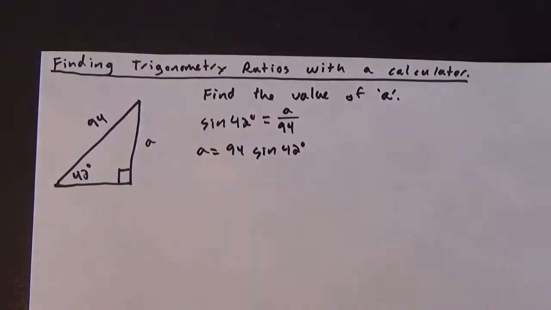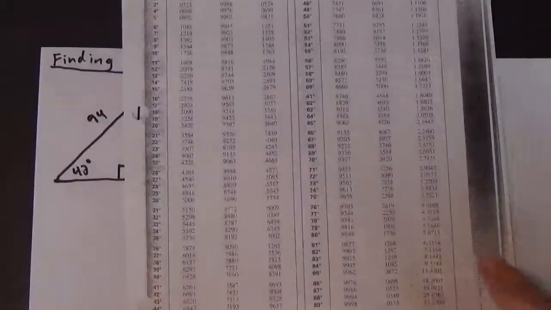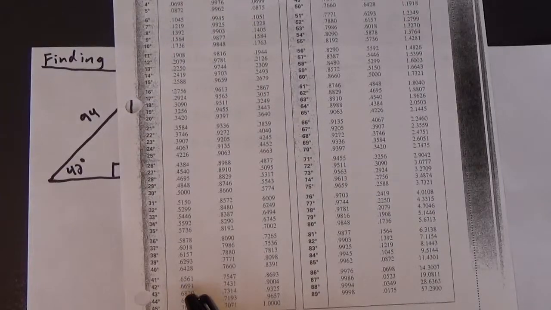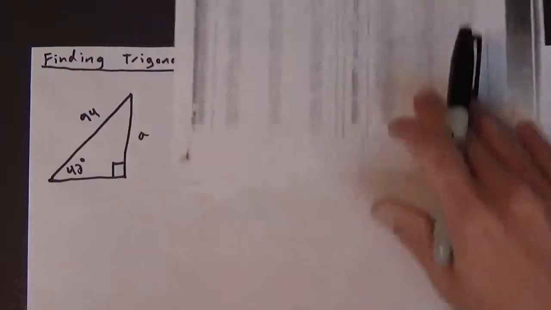We then went to our table, went to 42 degrees, and looked up sine, which is 0.6691.